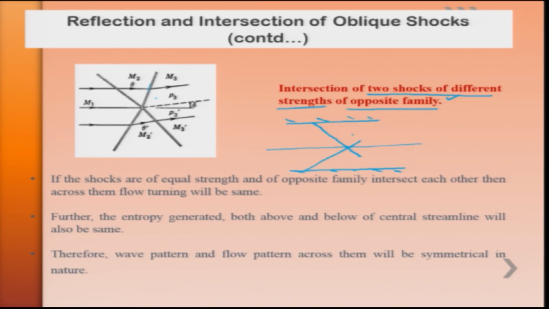What happens in this case is that since the strengths are unequal, along the mid plane the upper zone velocity and the lower zone velocity are different.